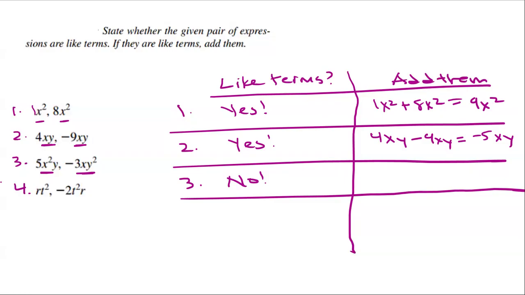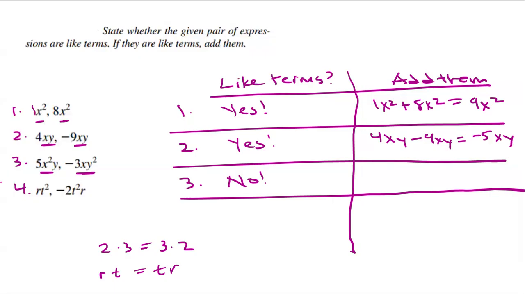Yes, good. Would you agree that 2 times 3 is the same thing as 3 times 2? Right? These are the same. I can multiply 2 times 3 is 6, or I can say 3 times 2 is 6. They're the same thing. I can write it as r times t or t times r. They're exactly the same thing.